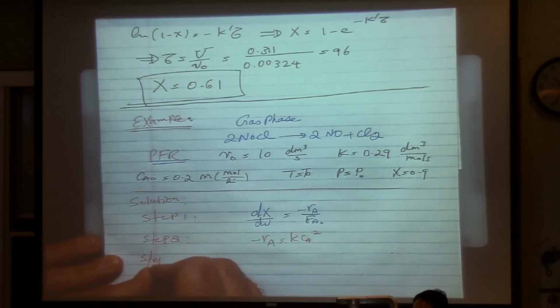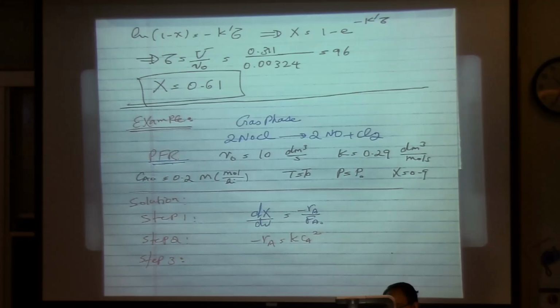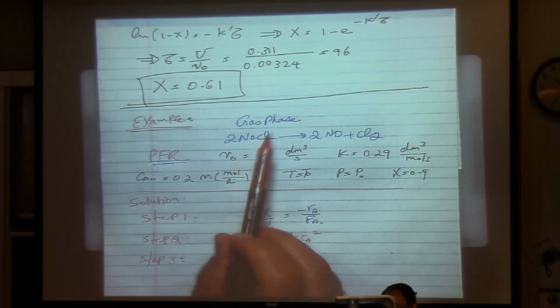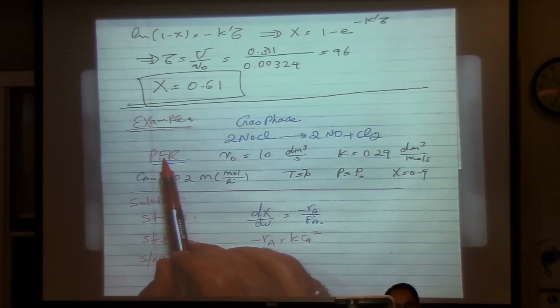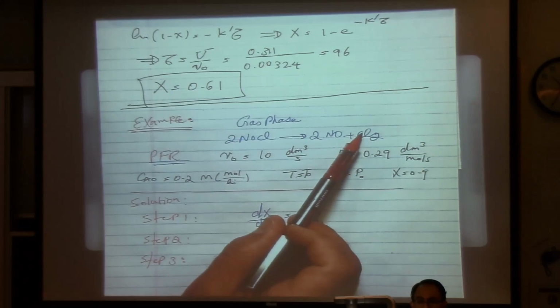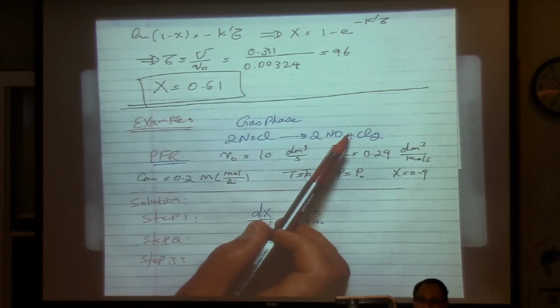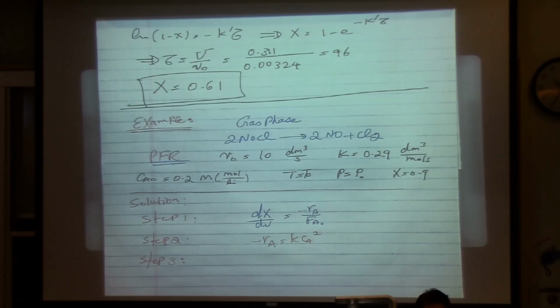Step 3 is stoichiometry. This is the difference between this example and the previous one. We are dealing with the gas phase, and the reactor is a flow reactor. It's not a batch reactor, and the number of moles is changing, so therefore your volume is changing. So we have to calculate the V and incorporate it into the concentration equation.